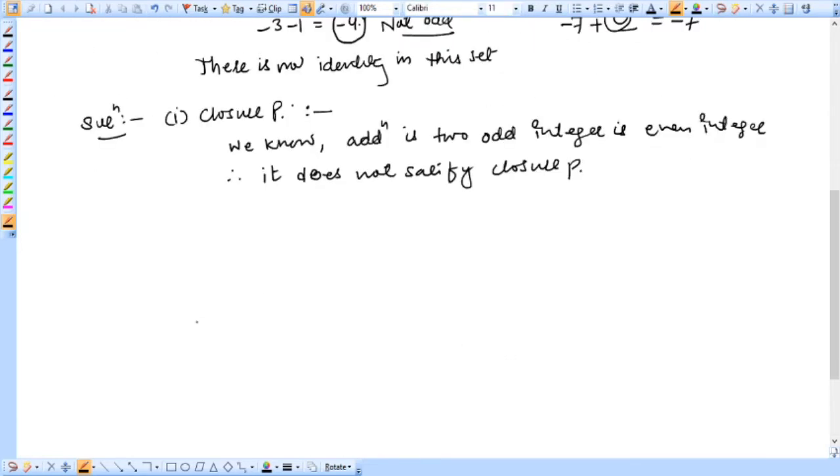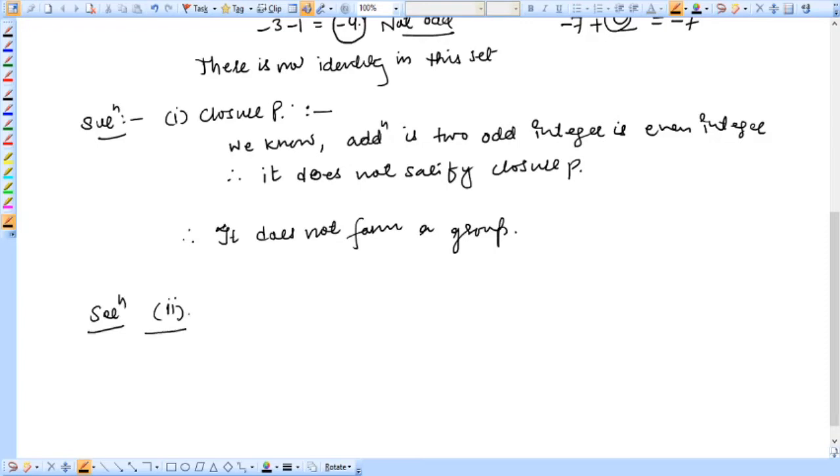Therefore it does not form a group. Now, solution 2.